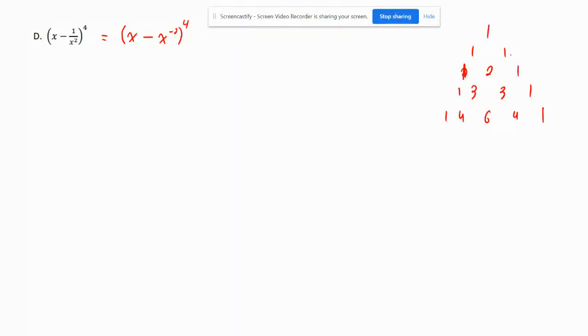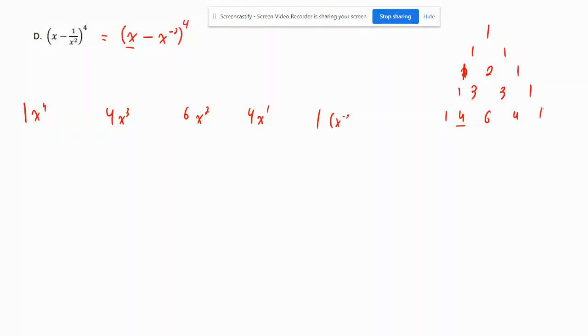So we're using the n equals 4 row right over here. So we have 1, 4, 6, 4, 1. Our first term is x, so we go x to the 4th, x cubed, x squared, and x to the 1.